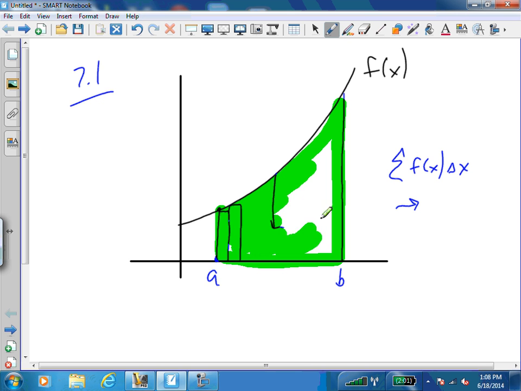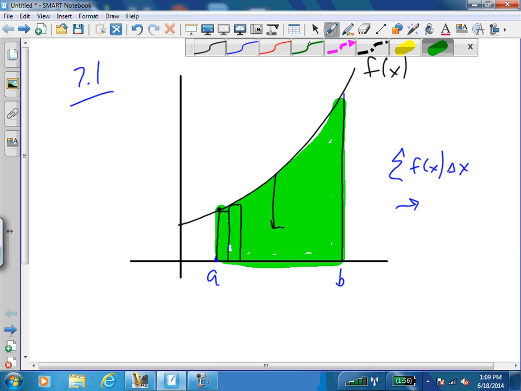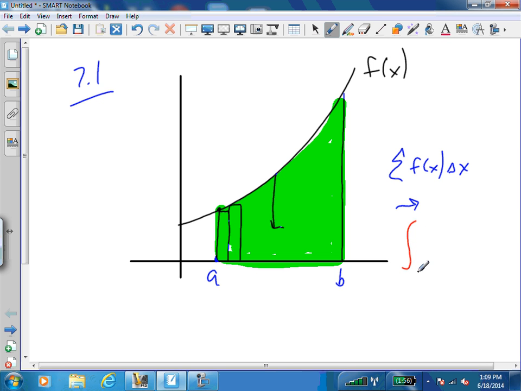But when we did that, that took 11 years to do that problem in about 3 pages. And we later discovered that we can write that as a definite integral from the left endpoint to the right endpoint of our function dx.